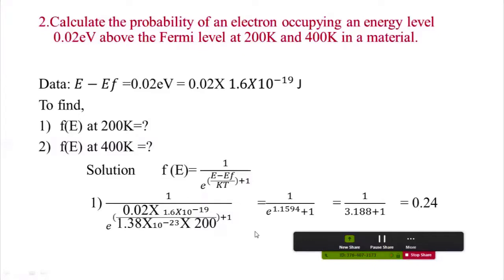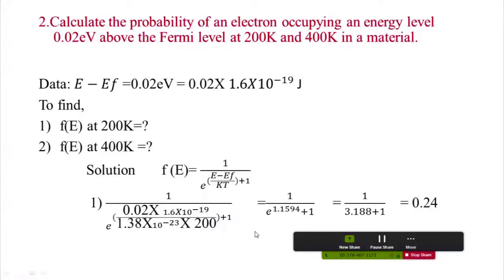After substitution we get e power 1.1594 plus 1. After simplifying, we get 1 over 3.188 plus 1, and the final answer is 0.24. This is the probability at 200 Kelvin, above the Fermi level.